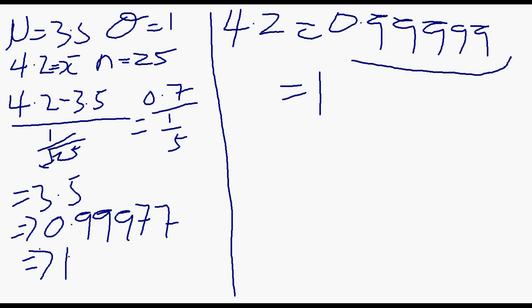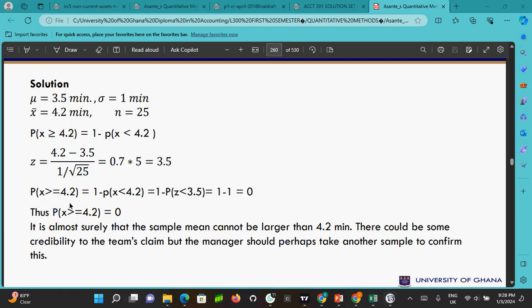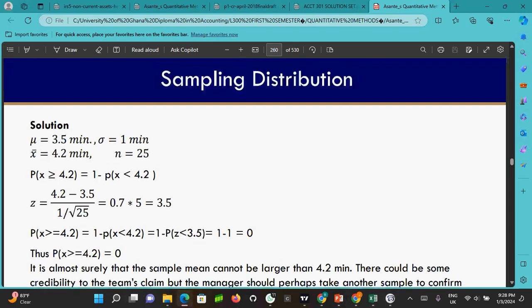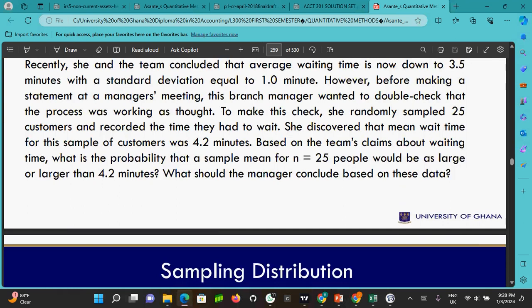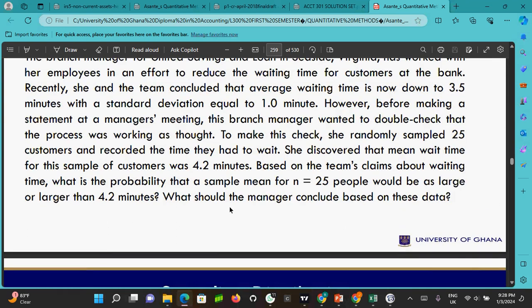But what minus 1 is he talking about? Because see the question, they are telling us for the number of samples, 25 people.